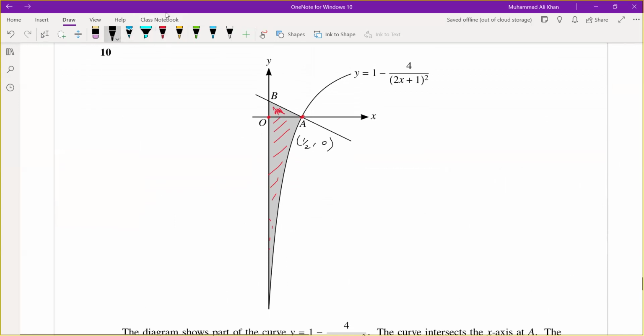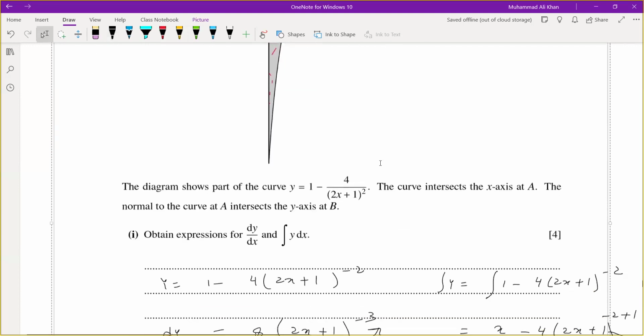So integrated equation में अगर मुझे एरिया 1 कैलकुलेट करना हो तो इंटीग्रेटेड इक्वेशन, व्हाट इज द इंटीग्रेटेड इक्वेशन जो हमने फर्स्ट पार्ट में इंटीग्रेट किया है?